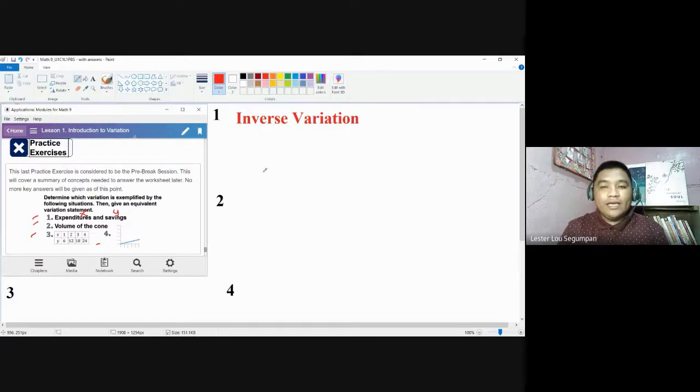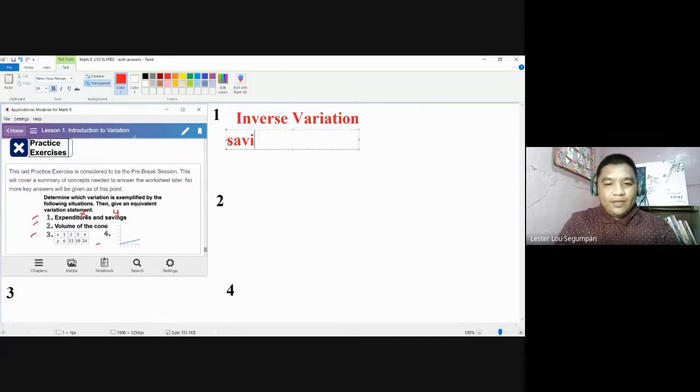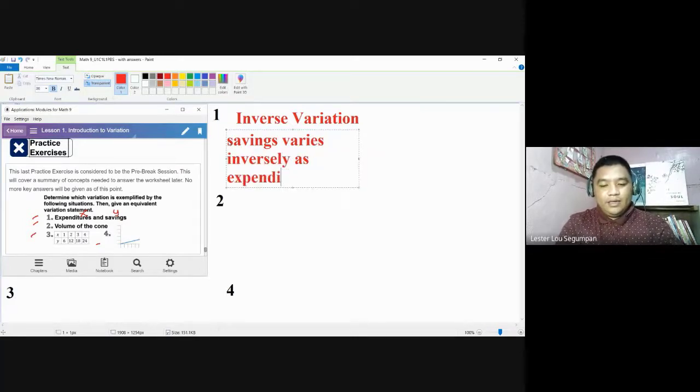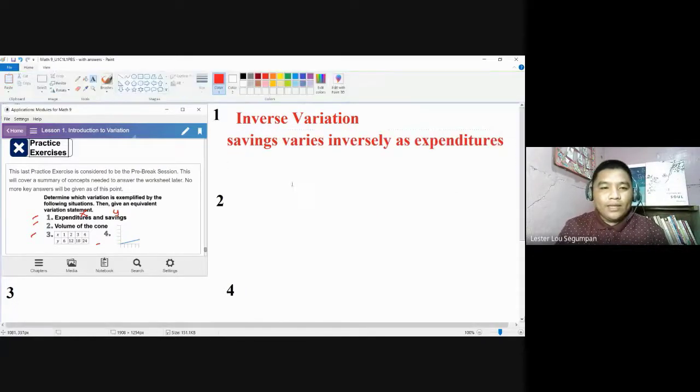We have identified already the general, most common, and real form of the variables. So we can simply say now that savings varies inversely as expenditures. The first variable that we have placed here is your dependent variable.